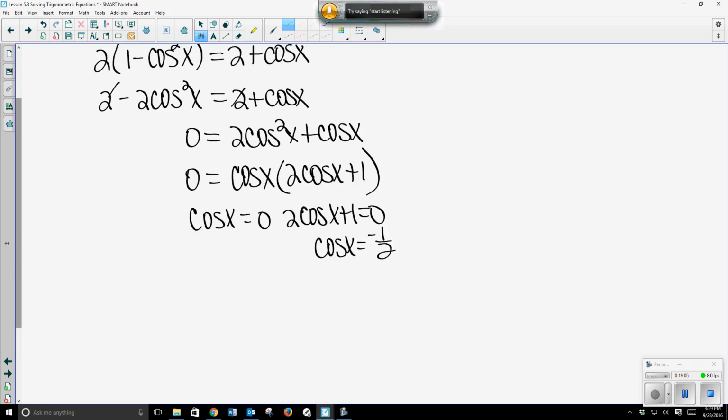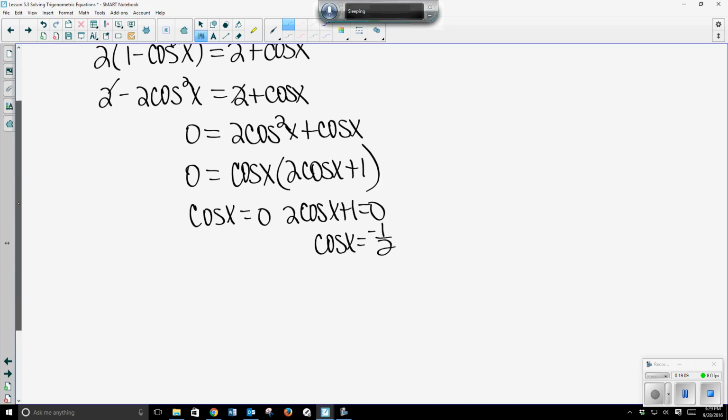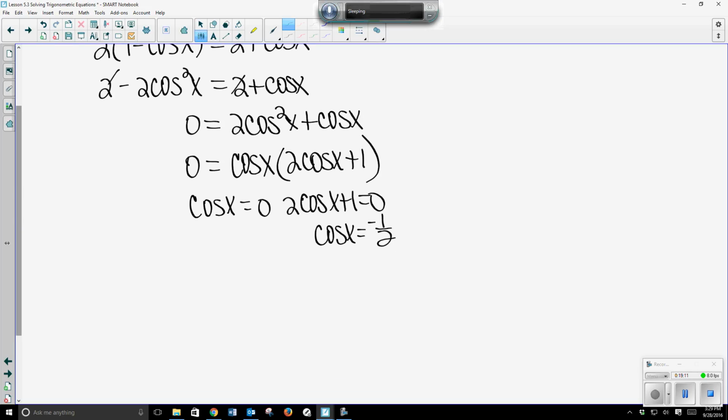So cosine of x equals 0 at x would be pi over 2, 3 pi over 2. We go ahead and just add our numbers to that. Where it's negative 1/2 would be 2 pi over 3 and 4 pi over 3.